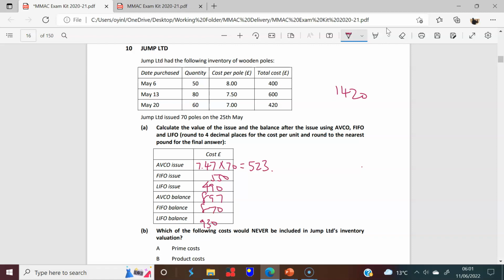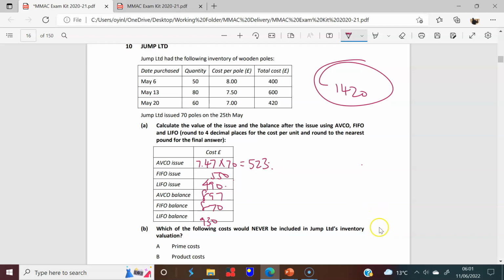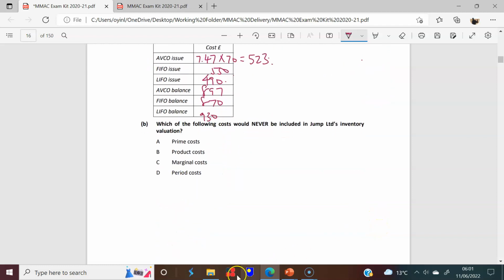And then the LIFO balance will be the 1420 minus the 490, which is 930. Right, that's right. That's in the right box. So those are your answers for that. This is the total, isn't it? So taking off what we had initially issued, these issues, and therefore the closing balance would be the rest.